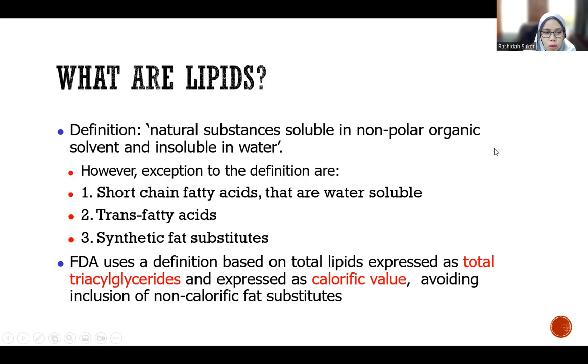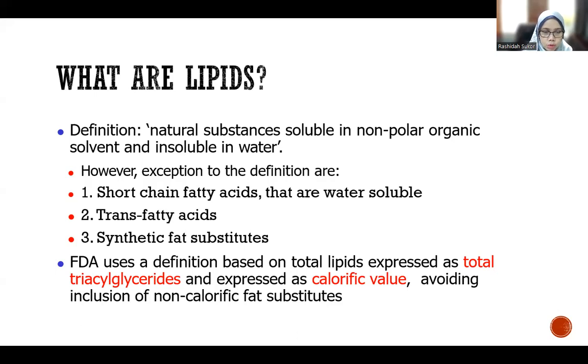What does it mean by non-polar organic solvent? For example, we have hexane. Hexane is normally used as a solvent. It is non-polar. If you can Google, or if you are familiar with organic chemistry, when we do extractions for natural components, you have to know what kind of chemical you're going to extract out.